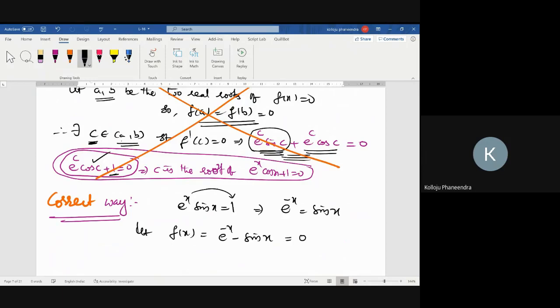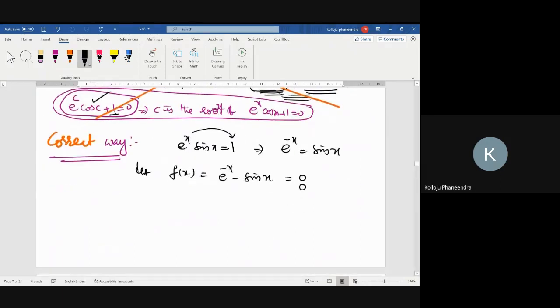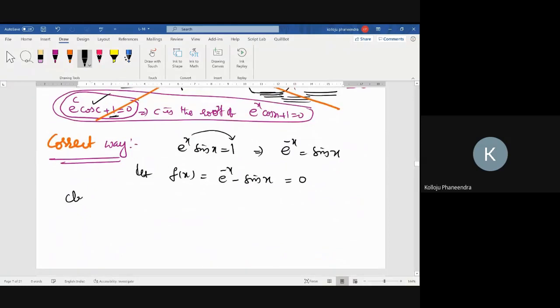Clearly, the exponential and sine are both continuous and differentiable, so f of x is continuous and derivable everywhere.